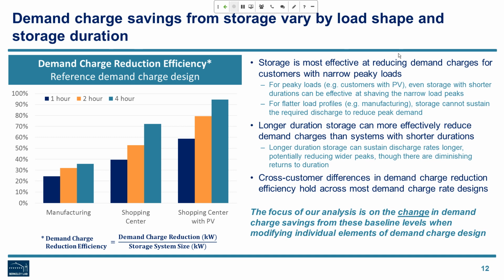So the figure here shows the demand charge reduction efficiency for the reference demand charge design. These customer differences in demand charge reduction efficiency really hold across most of the designs that we considered in our analysis. I do want to emphasize that the focus of the remainder of the analysis I'm going to be presenting is on the change in demand charge savings from these baseline levels when we modify one single element of the demand charge design at a time.